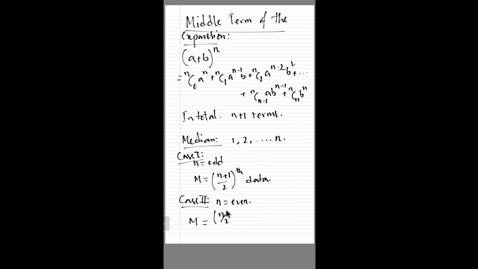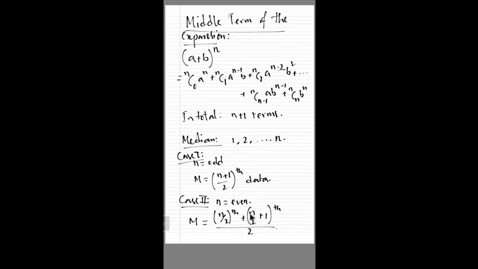So we take the average of those two middle terms, the sum of these two data divided by 2. Then this becomes the median of the data.